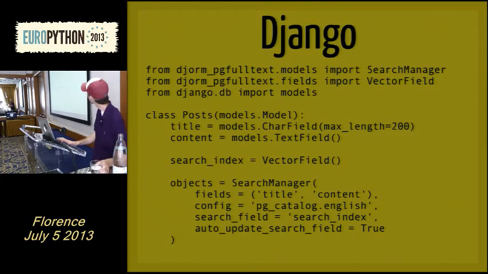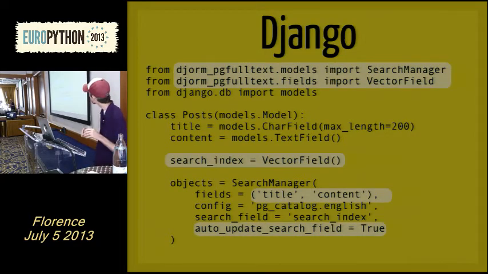So inside Django, there's a few, I would say, really important things here. Obviously, the package you're going to need to install. It's JORM PG full text. And you're going to define your search index as a field in your model. Then down here in the search manager, you're going to give it a lot of data. This data is going to help it know what to search on, what kind of catalogs it's using. Does it auto-update, or do you update it manually?